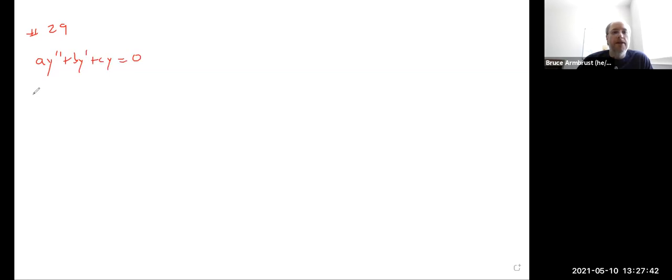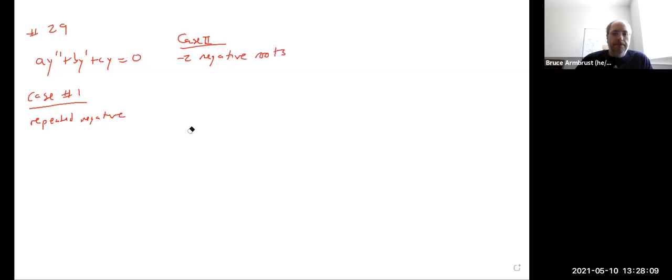Okay, so let's look at what case number one is. Case number one was a repeated negative root. And then case number two, I'll probably need more space. Case number two is two negative roots. All right.